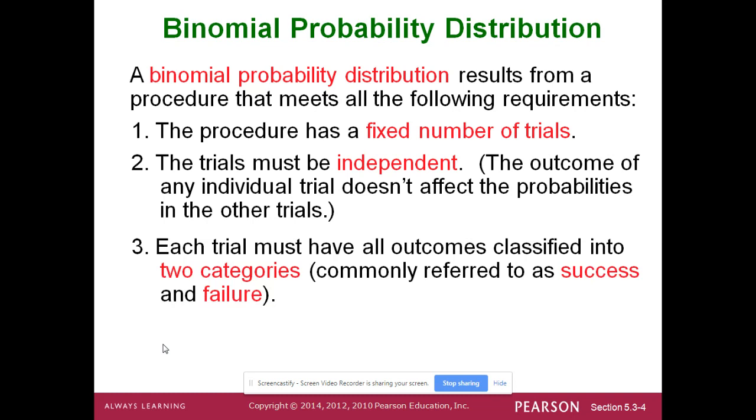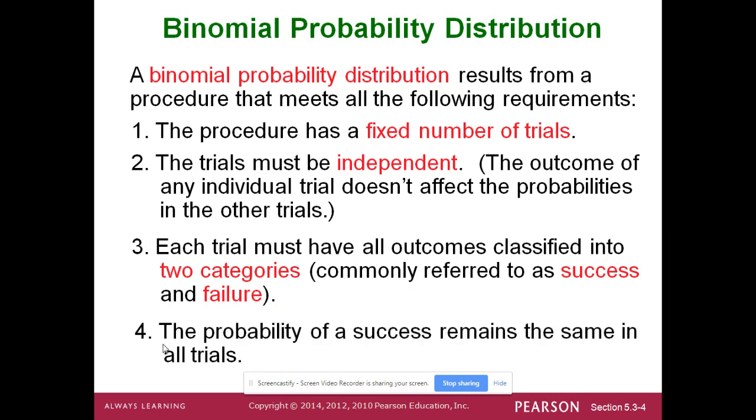Each trial must have all outcomes classified in those two categories, success and failure. Whatever that is, that's going to change per the situation. But there's only 2 outcomes. There's a success and there's a failure. That's the third stipulation. Number 4, probability of success remains the same in all the trials.